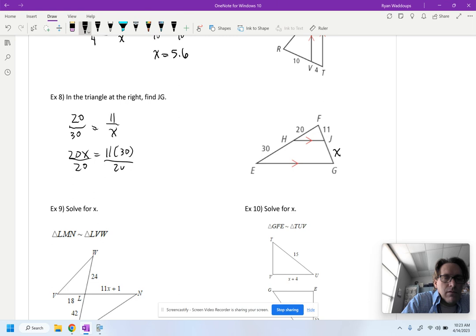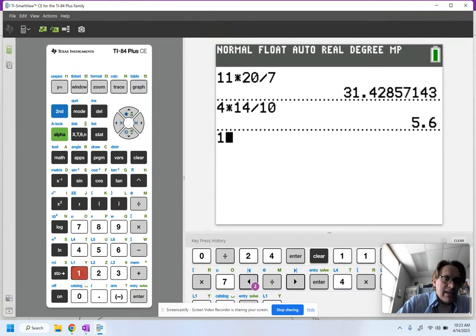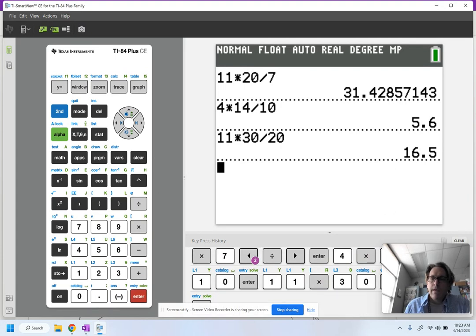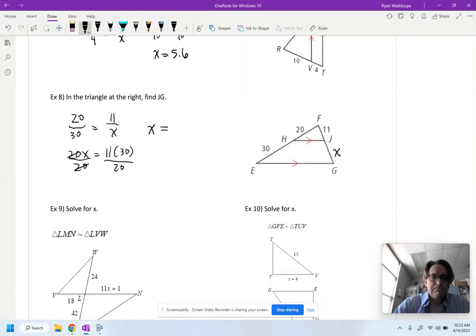Divide by 20. That cancels the 20s, which gives us that x is approximately equal to 11 times 30 divided by 20. And that gives us 16.5.